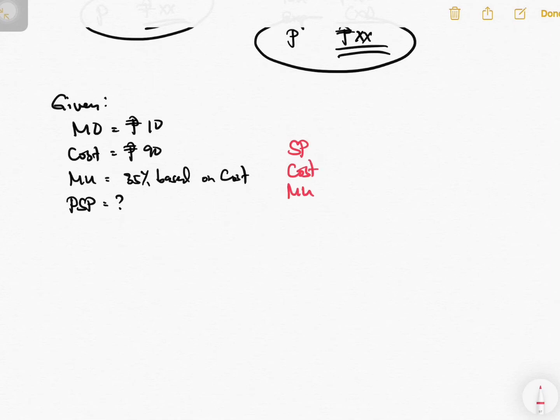Cost is 90. Markup is 35% based on cost. Basis is cost, so cost is 100%. And then you bring this up. This is 135%. Cross multiply to get the regular selling price. So that's 90 times 1.35 divided by 1.